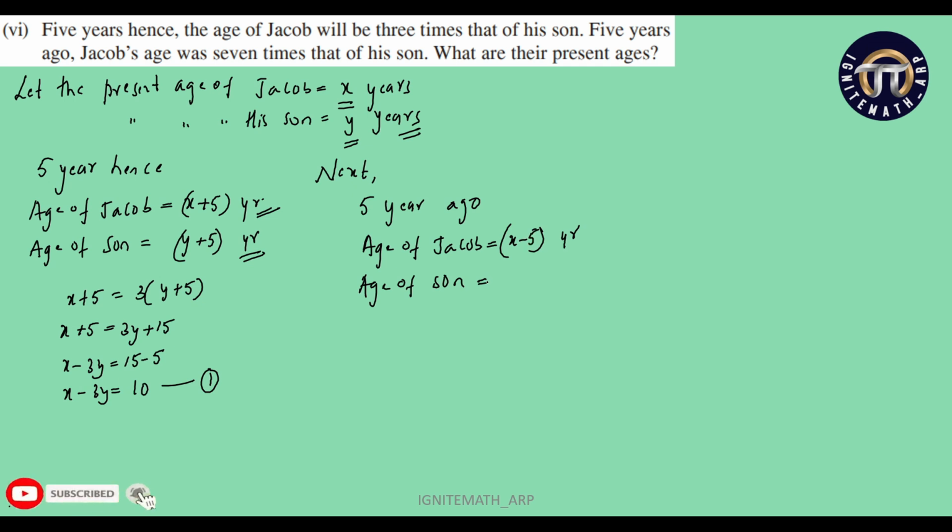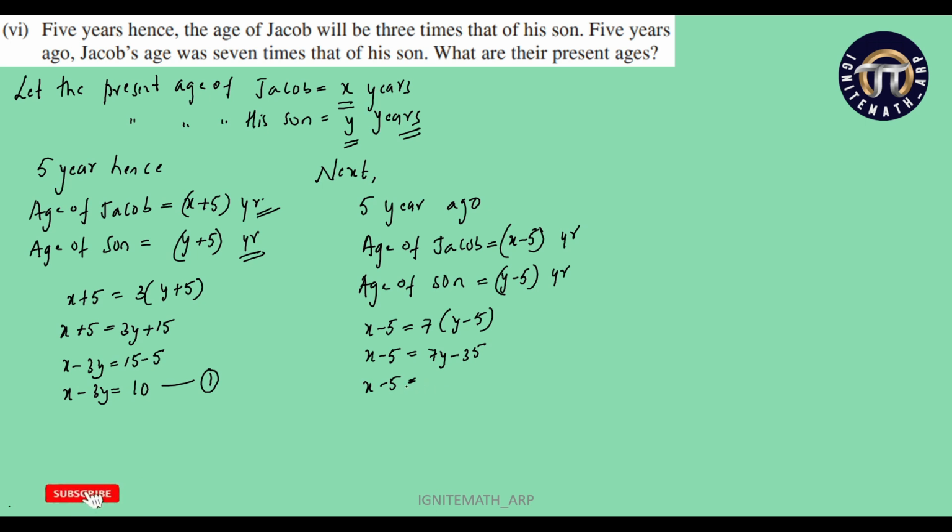His son we have taken as y. So y minus 5 years. Clear? Understood. So Jacob's age was 7 times his son's. The age of Jacob, that is x minus 5, was 7 times his son's. When? 5 years ago. Clear? Right. So now I can write this as x minus 5 is equal to 7y minus 35.